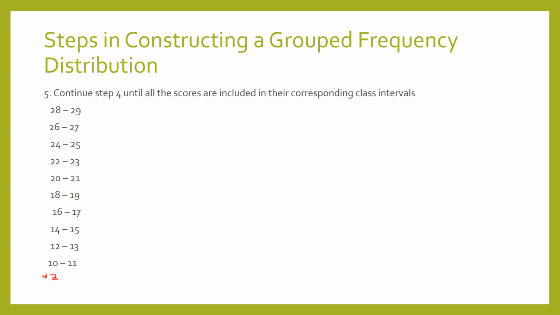It is the same for the upper limit. So add 2 to the lower limit, or LL, and add 2 also to the upper limit, or UL. UL is upper limit, and LL is lower limit.